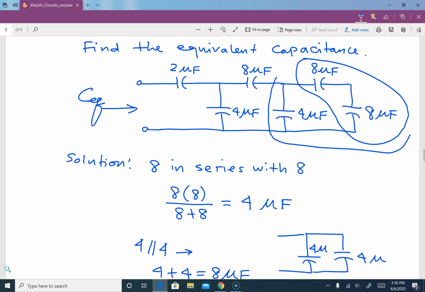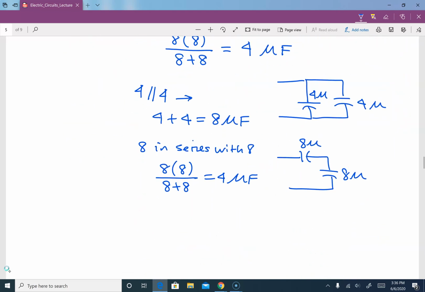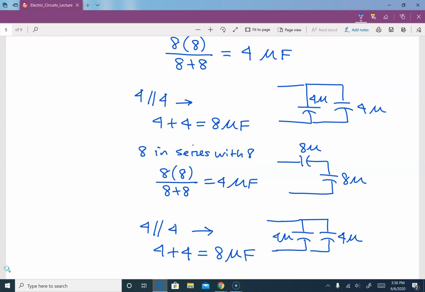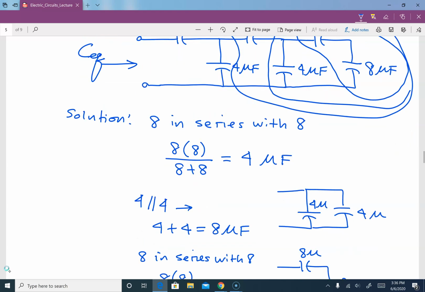So if you look, we are done up to this point here. So that will give us 4 parallel with 4. That is 4 micro. This is 4 micro. Then 4 parallel with 4 will give us 4 plus 4, which is equal to 8 microfarad. So now the last one is this 2.